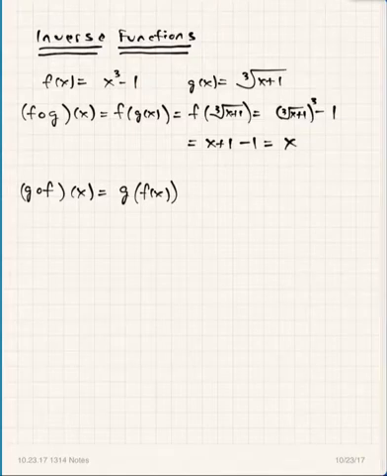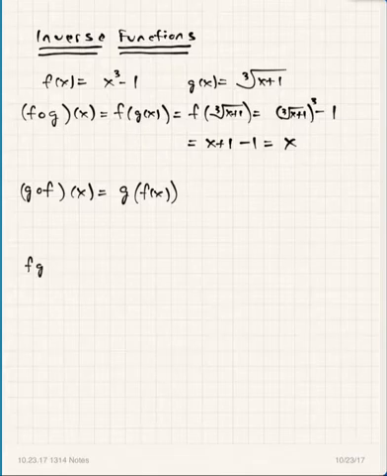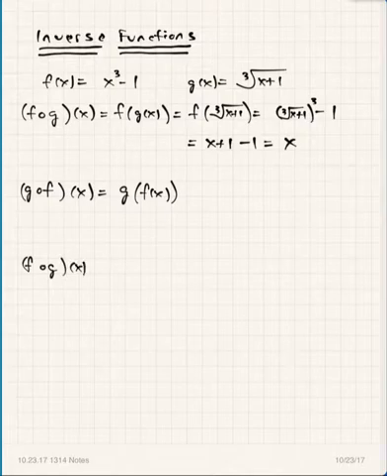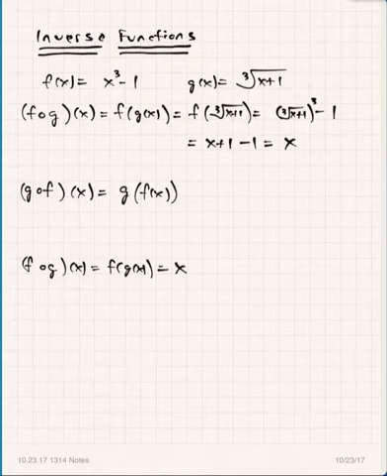And so what we have here, I'm going to write this down at the bottom, is that f circle g of x, or f of g of x, for this particular set of functions is equal to x. I made these functions up, by the way, and I knew this is the way it was going to turn out.